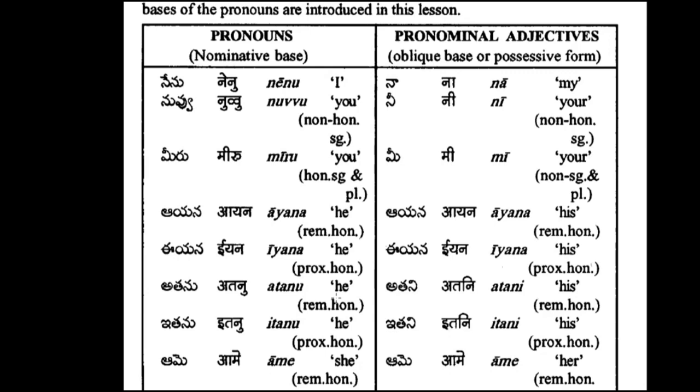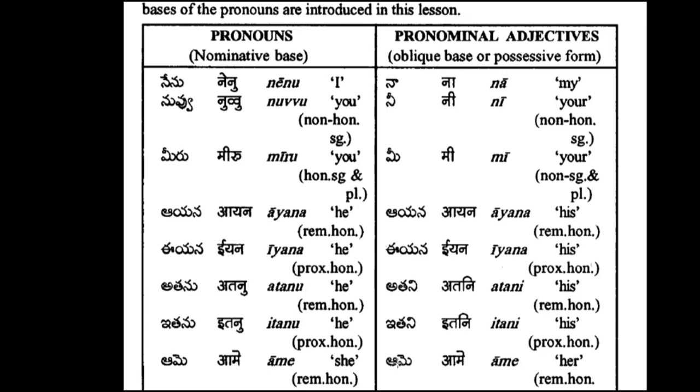Again, his, itani book, itani pustakam. If she is near, then ame becomes ame only. Ame peru. Okay, see here. Her name is Sita. Ame peru Sita. This is the pronominal adjective here, her. And when we want to use it like a pronoun, it is the same, ame.